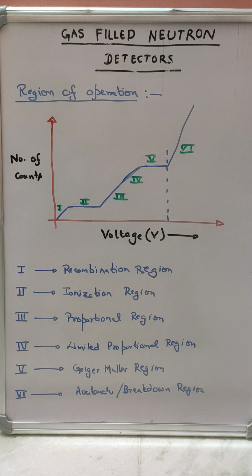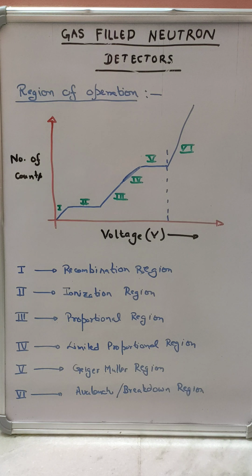Now consider a detector in which there is one anode and the outer periphery is the cathode, and we are applying a high voltage between the anode and cathode terminals. If any particle comes from outside, for example a neutron, it interacts with the gas and produces an ion pair, and that ion pair is collected at the anode and cathode terminals.